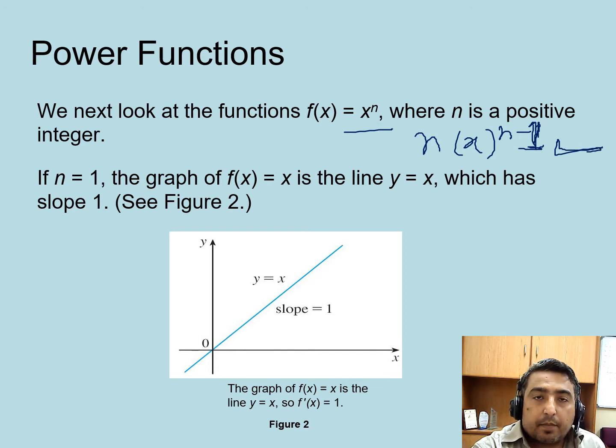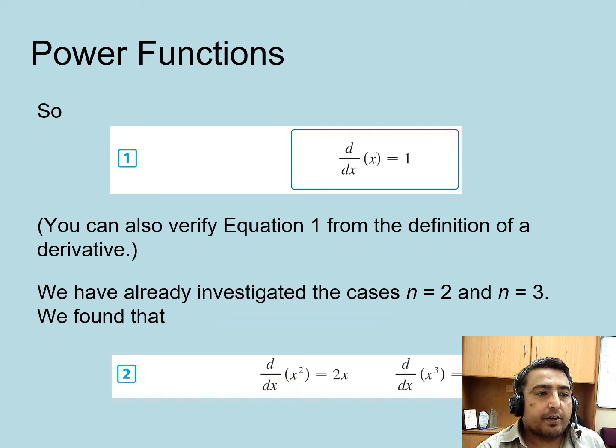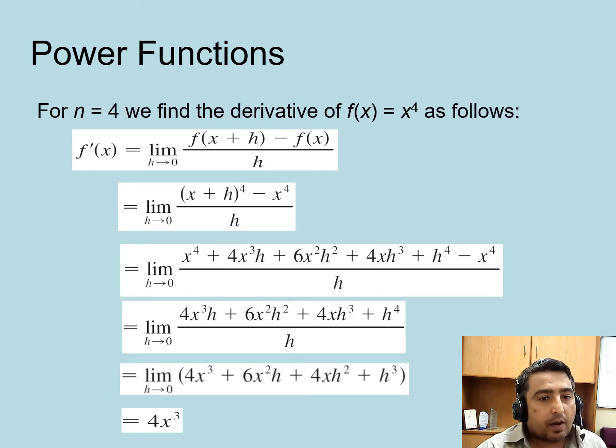This came from the basic definition, and it is proved here. When the power is 1, the derivative is 1; power 2, it's 2x; power 3, it is 3x squared; power 4, then 4x cubed. So for power 4, it is proved using the basic definition.